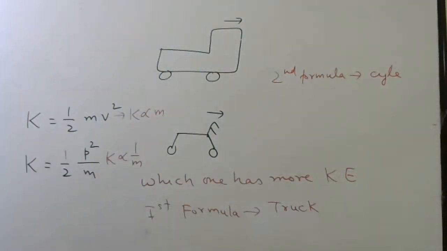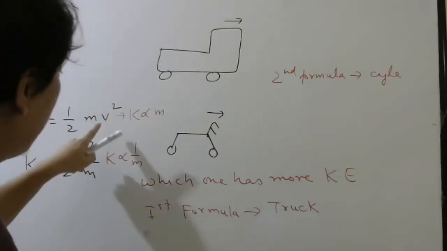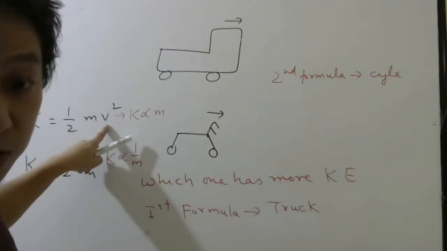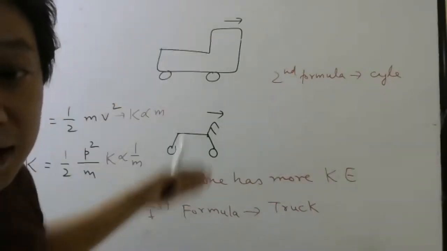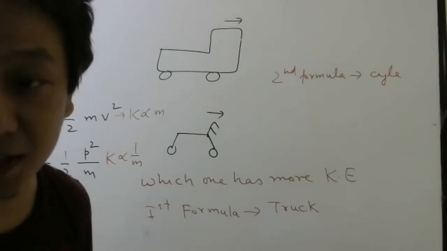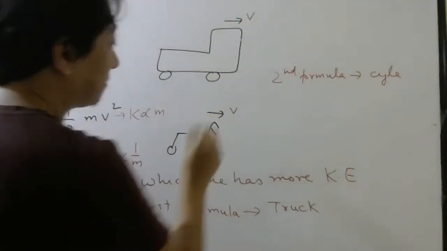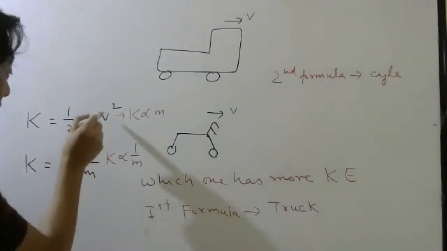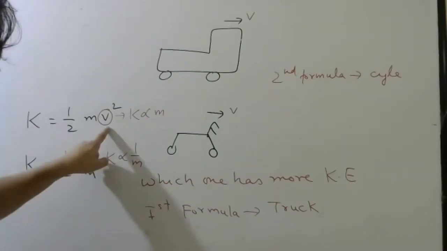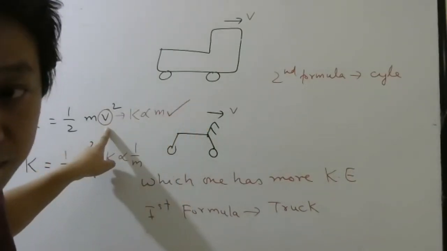It was not mentioned in the problem which is moving with more velocity. Are they having the same velocity or the same momentum? That was not mentioned. If they say velocity is the same, it means velocity is constant. If velocity is constant, you can use this formula. Understood?